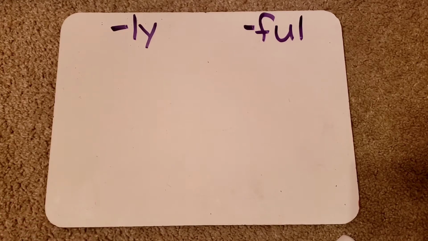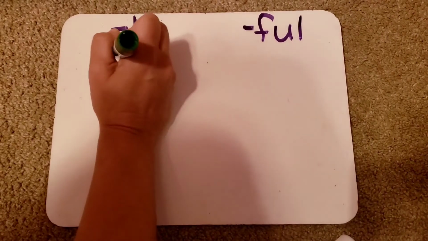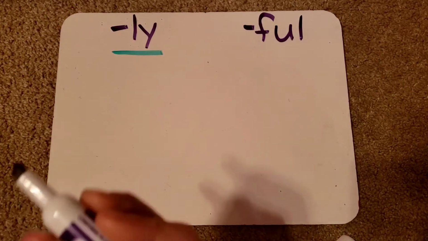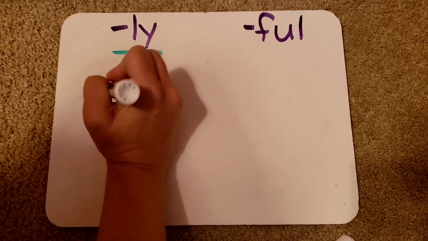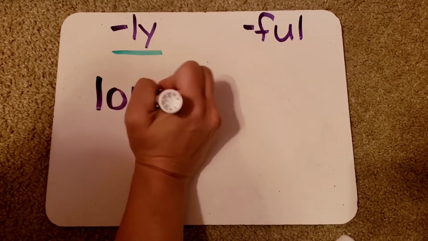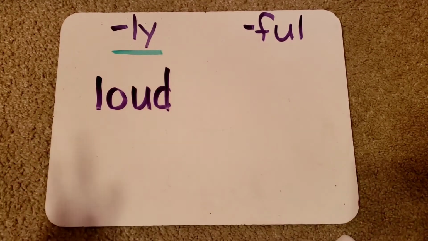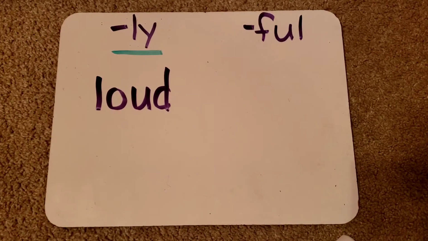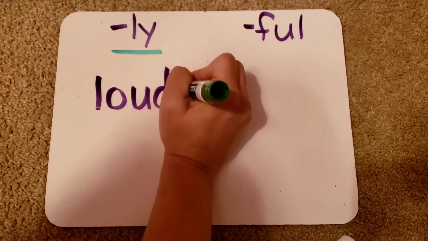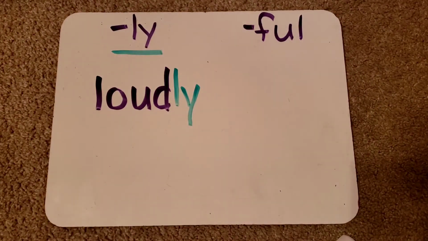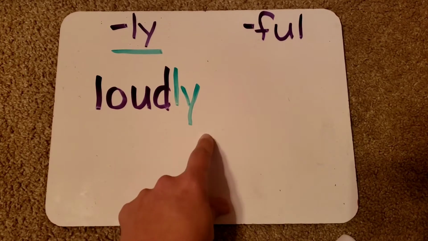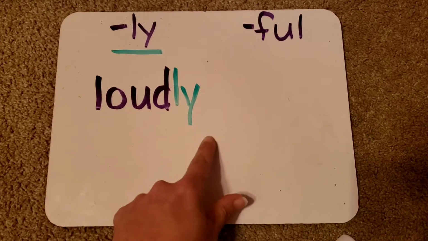So if we look at suffix ly first, if we take a word like loud, right? That's our base word. That's our regular word. And we add the suffix ly to the end. Now we have loud and ly. Loudly.